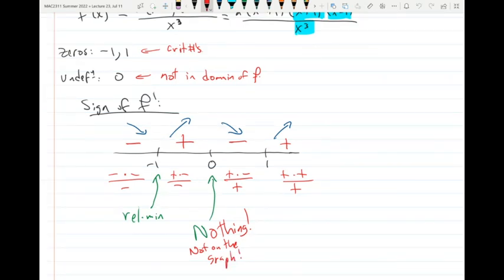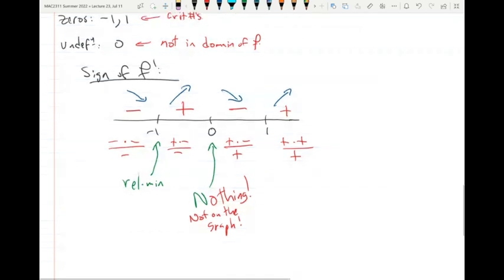Even though we see a monotony changing, around 0 the function is going up and then it's going down. Here it's going up, here it's going down. Right? So to the left is going up, to the right is going down, but there is no maximum. Why? Well, because there's not a point in the graph to begin with. Okay, so nothing happens there.